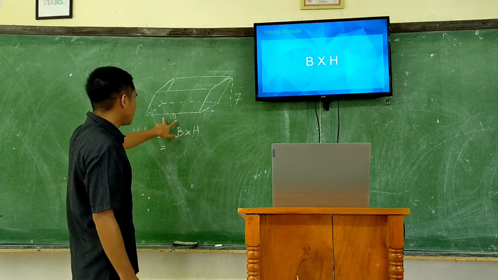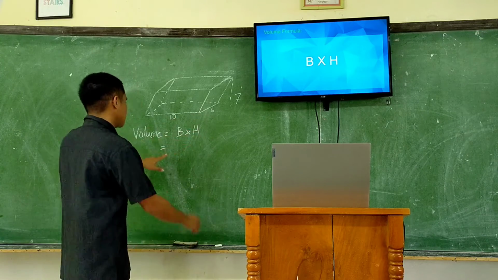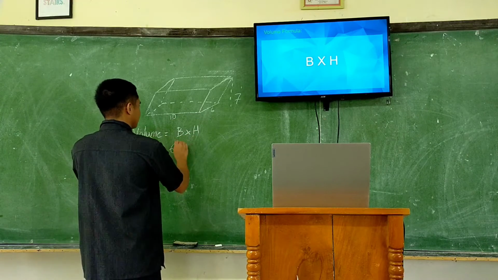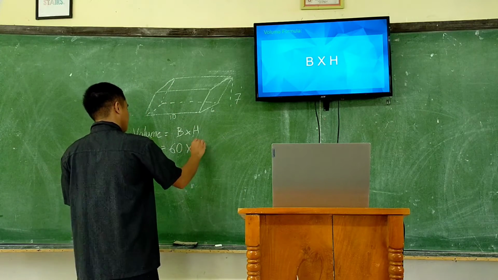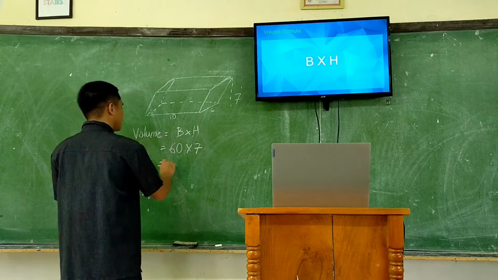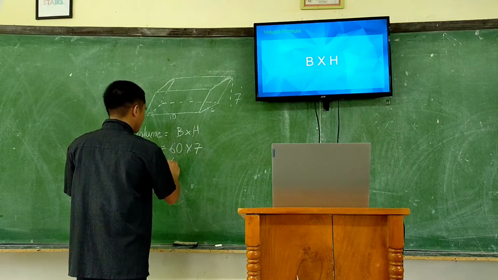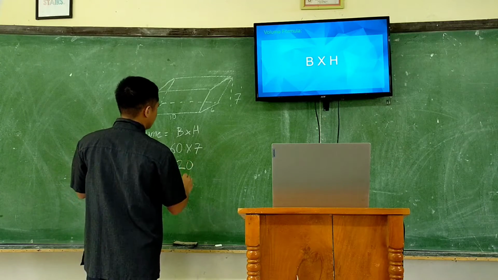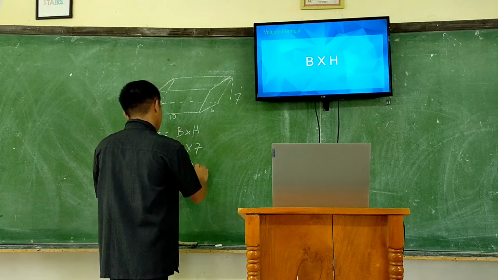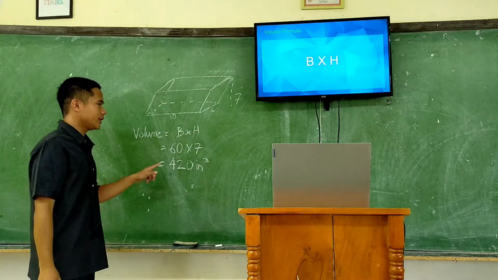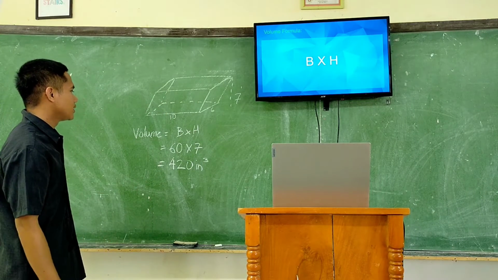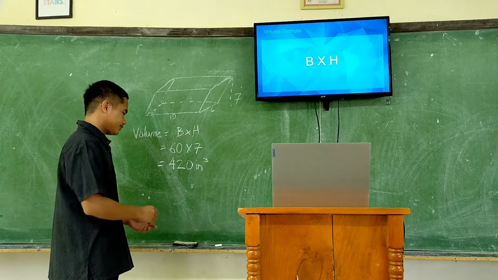Width times length. Then times 6, which is 60. Times, given ang height, which is 7. The answer, 420 cubic inches. So, ganyan lang kadali ang pagkuha ng volume.